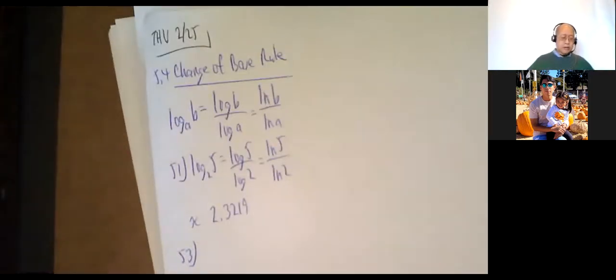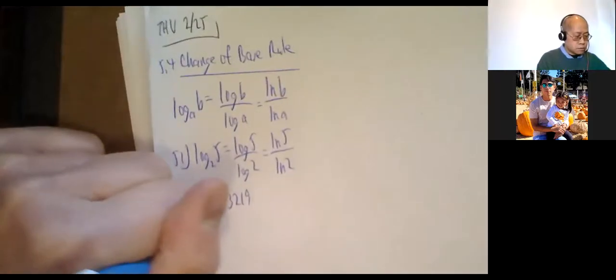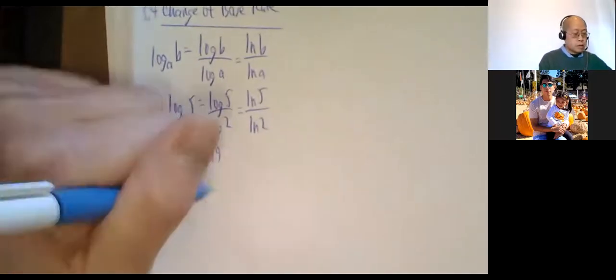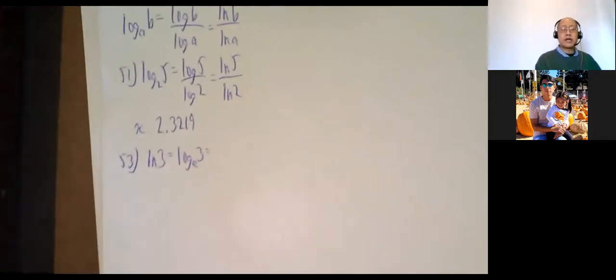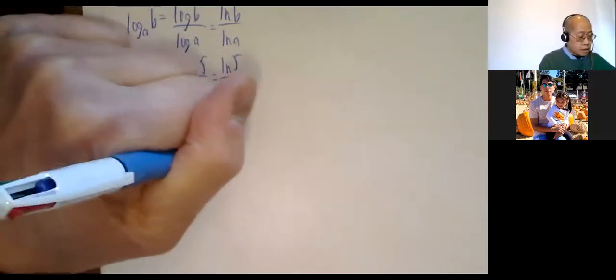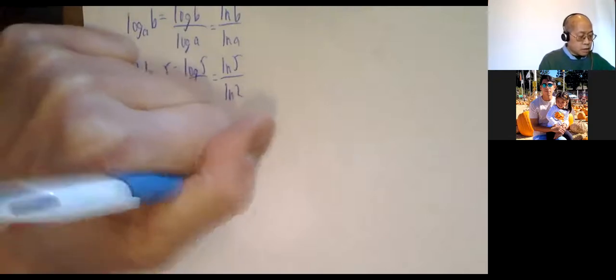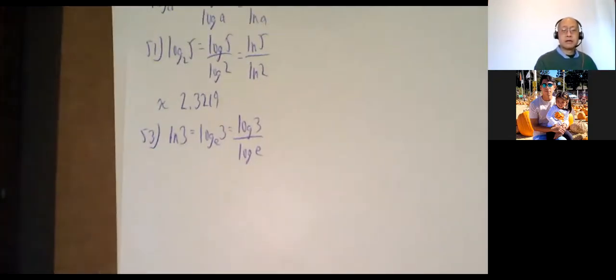All right, 53, just ln 3. Now ln means log base E. So if they tell us to write it as log base 10, then I'm going to write log of 3 divided by the log of E, like so.